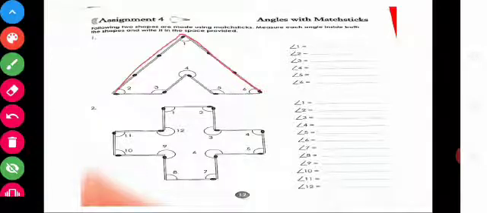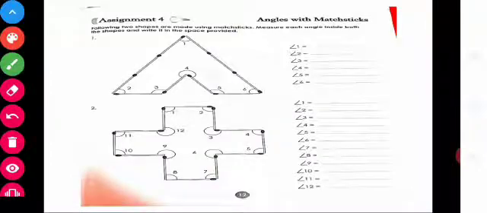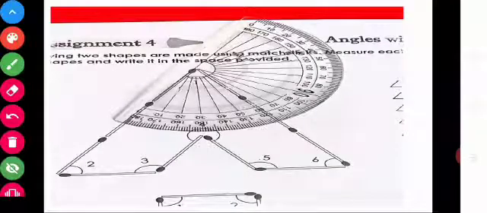Place the protractor on the angle 2, 1, 6 in such a way that its center lies on the vertex 1 and its baseline coincides with the arm 1, 2. Read the mark on the inner scale through which the arm 1, 6 is passing.